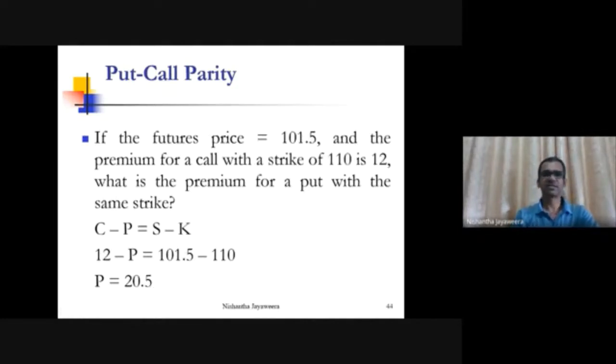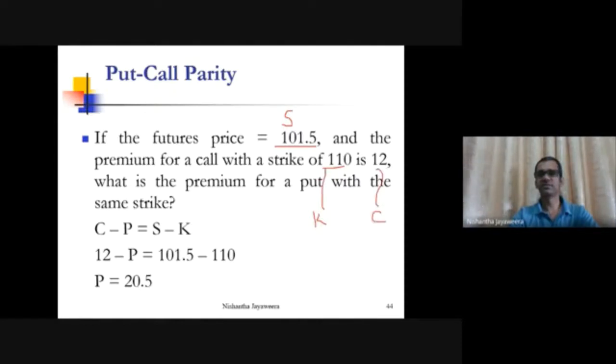This is another example. The futures price is 101.5. So this is S. The premium for a call with a strike of, so this is K, the premium is 12.